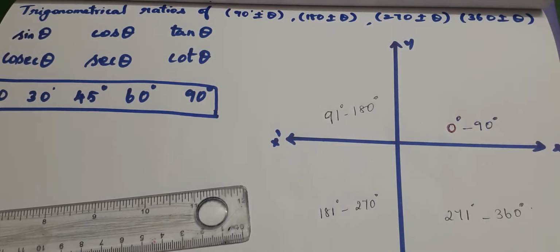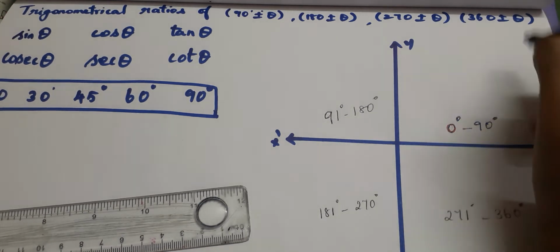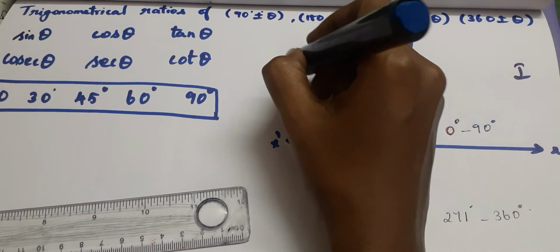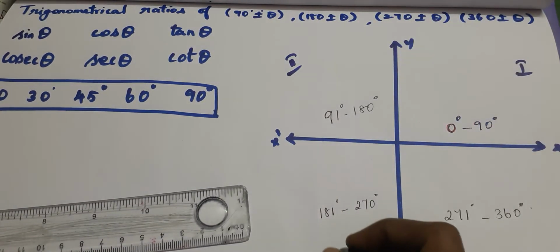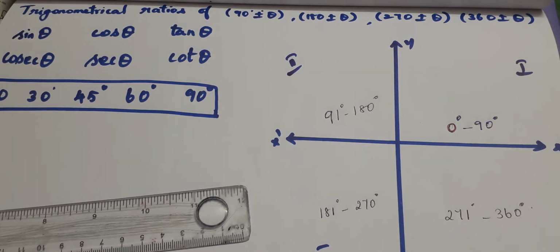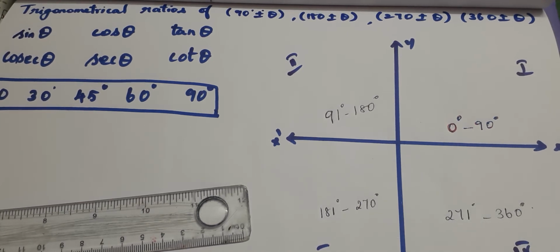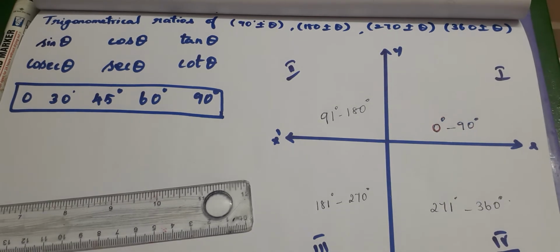So in the first quadrant we are having 0 to 90, in the second quadrant 91 to 180, third quadrant 181 to 270, fourth quadrant 271 to 360. Okay, so these are the four quadrants as I said.